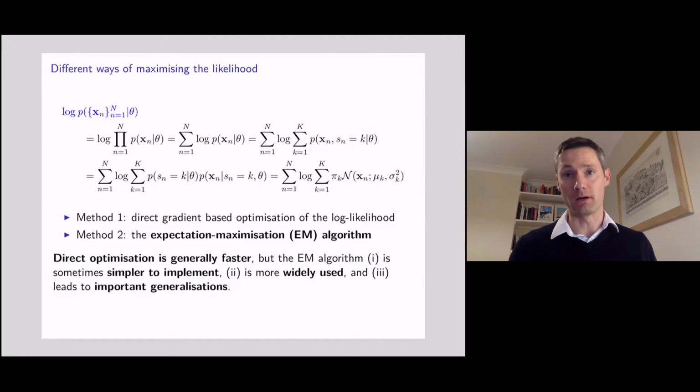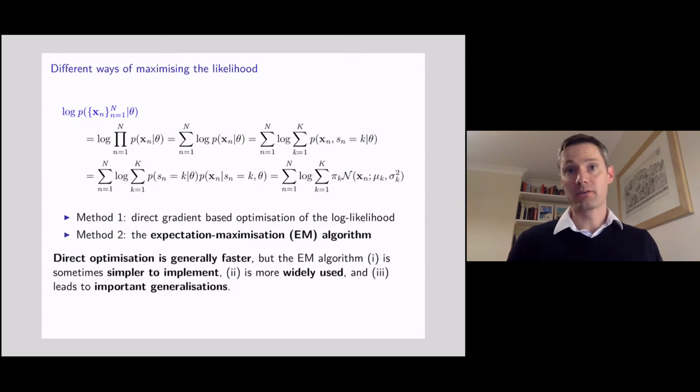It can be deployed to a much wider range of probabilistic models. So this will get picked up again in other courses down the line. But we want to put the foundations in here so you understand some of these more general concepts in the context of a fairly simple problem like clustering.